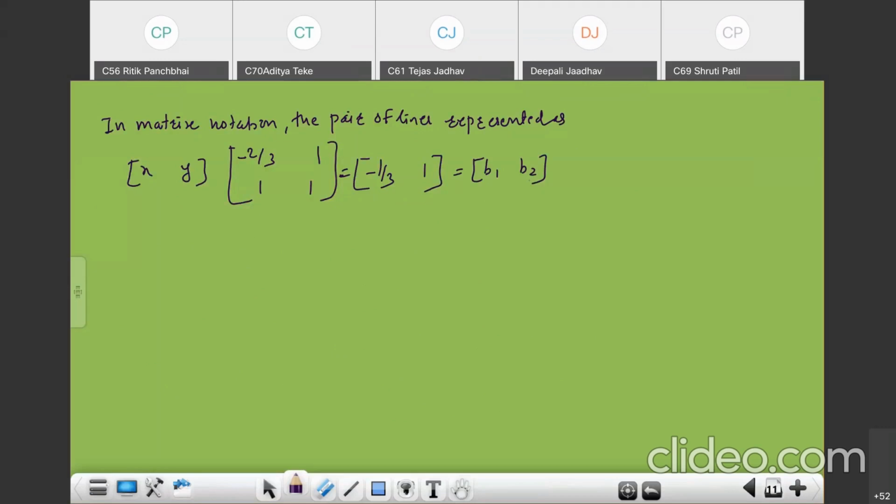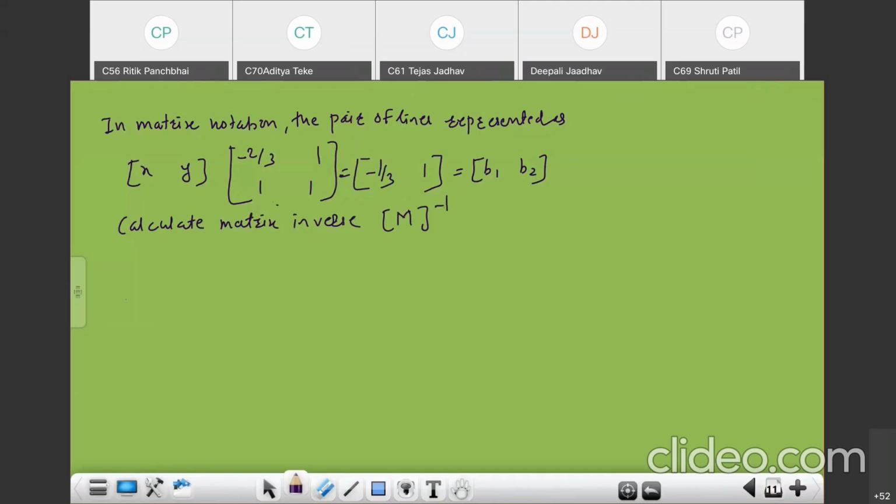Now xi, yi is equal to b into m inverse, correct? Xi, yi is equal to b into m inverse means we need to calculate the matrix inverse. So here we calculate the matrix inverse of m. For this matrix we need to calculate the inverse.